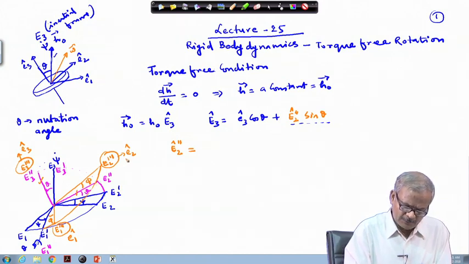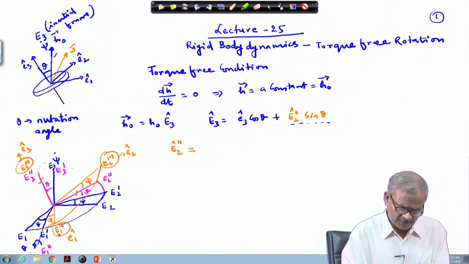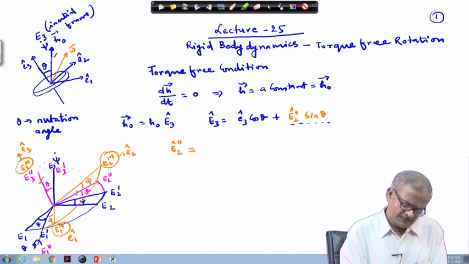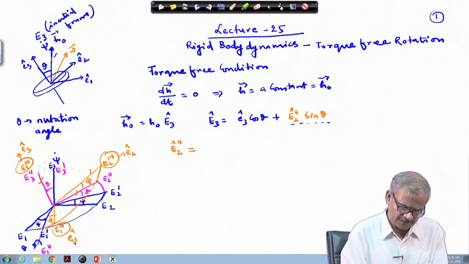We have to take the component of E 2 along this E 2 double prime, and the component of this and this, they are perpendicular to each other. So, we need to take the components of those vectors only.